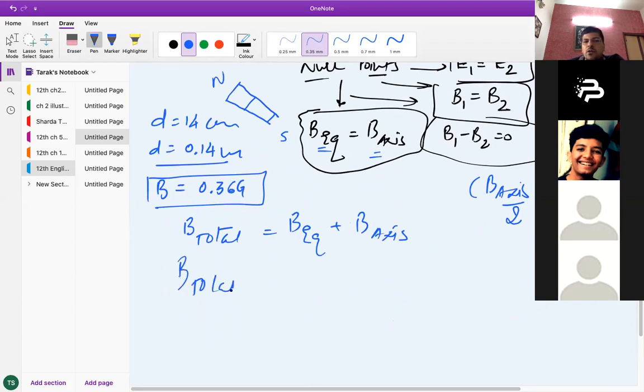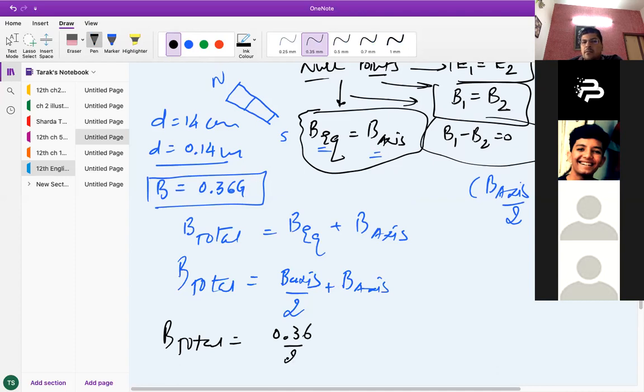So B of total is equal to B of equator, which is B of axis by 2, plus B of axis. Chalo bhai, value of axis is given, which is 0.36, divided by 2, and B of axis is 0.36.